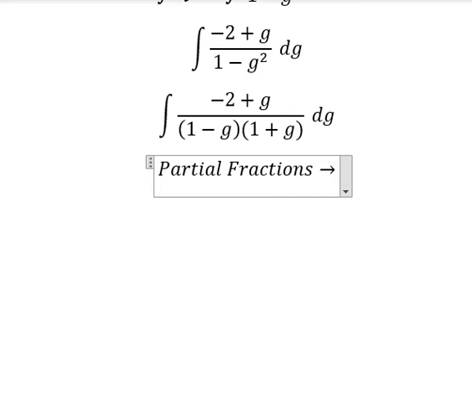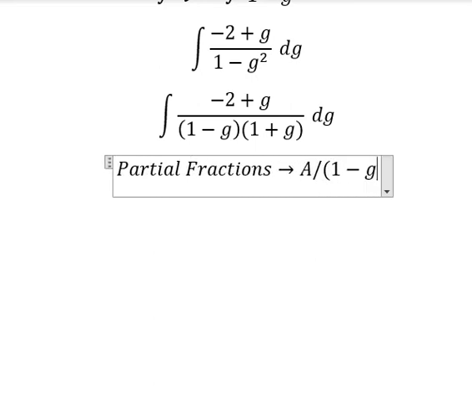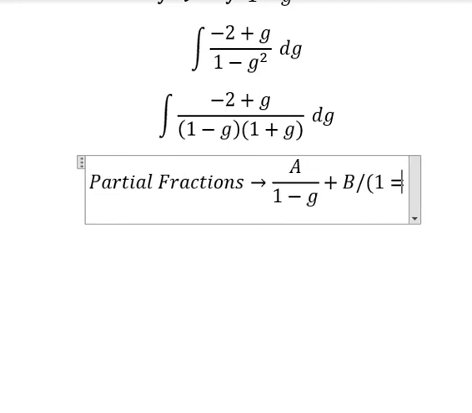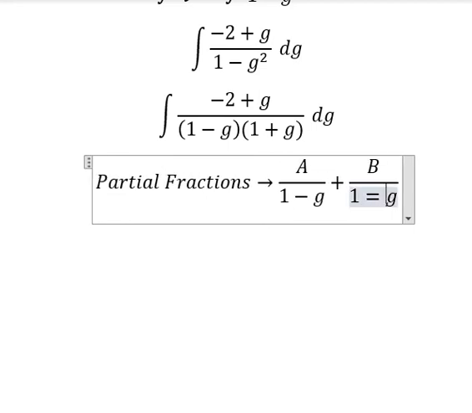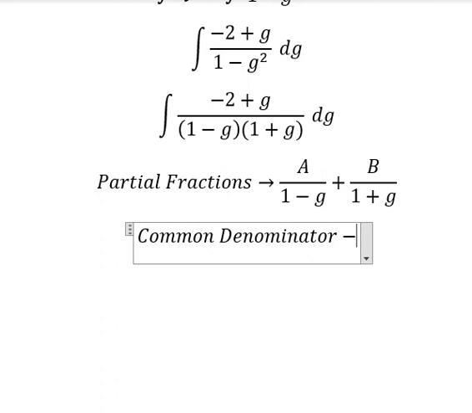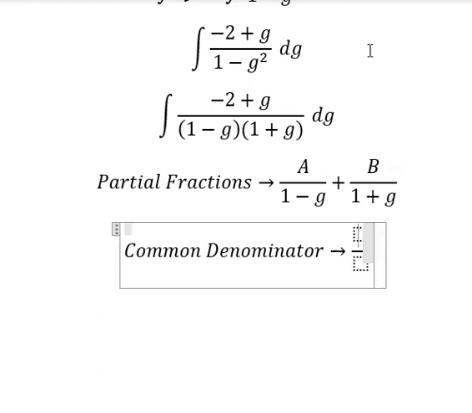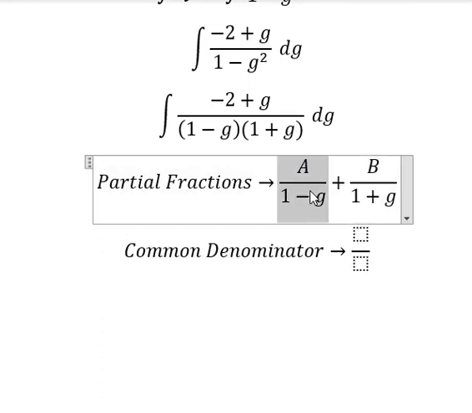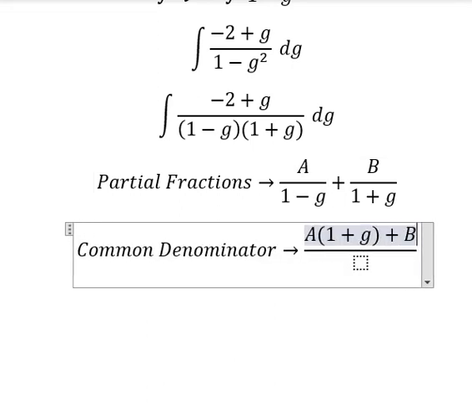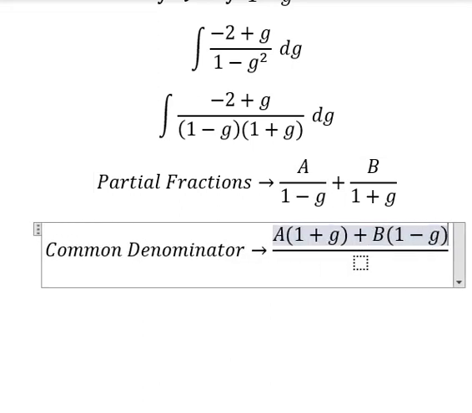So I will put capital A over 1 minus z, capital B over 1 plus z. Next, we do common denominator. So, about this one, it is missing about 1 plus z. The next one, that's about 1 minus z.